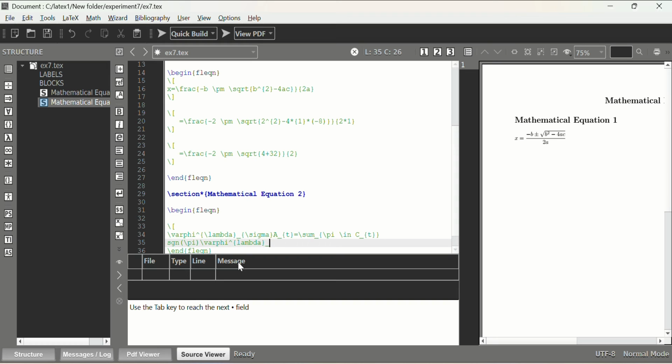Sign pi varphi power lambda underscore sigma. So it's very important which is the superscript and which is the subscript. We have to be a little careful while we write this equation.